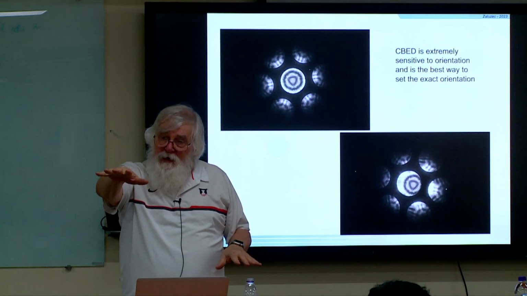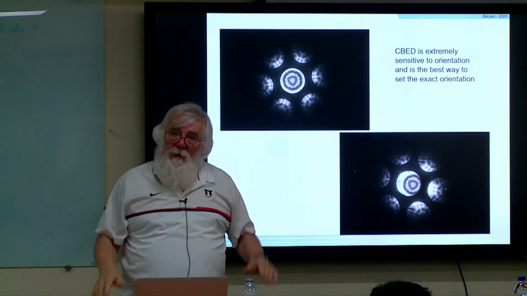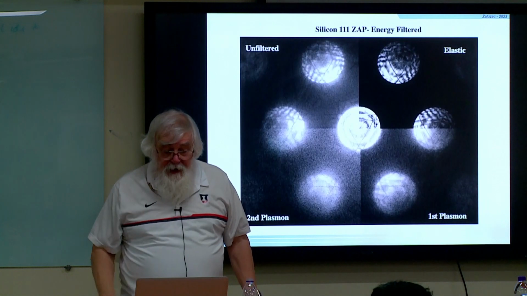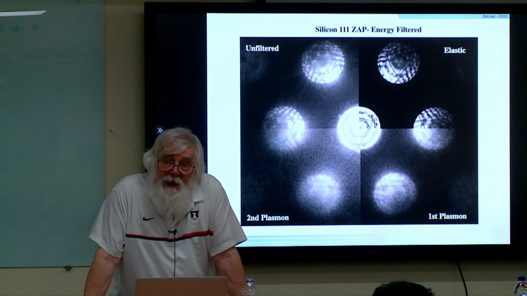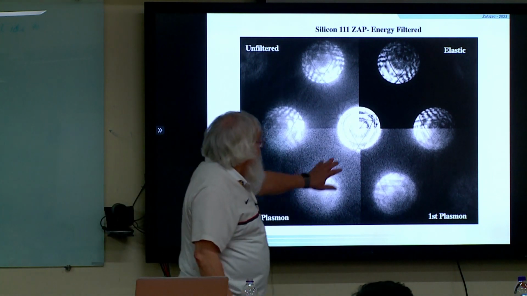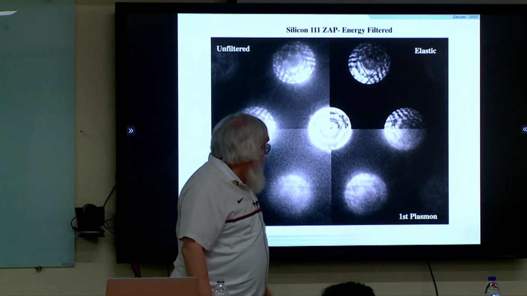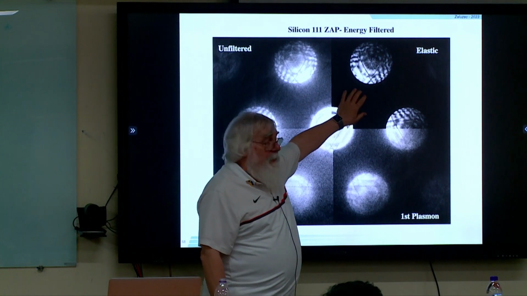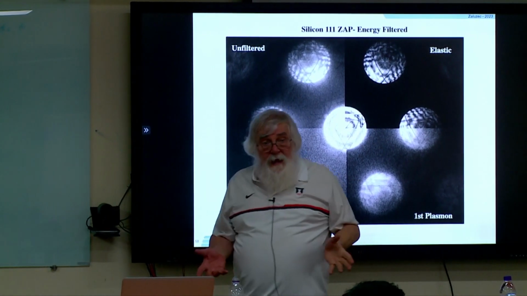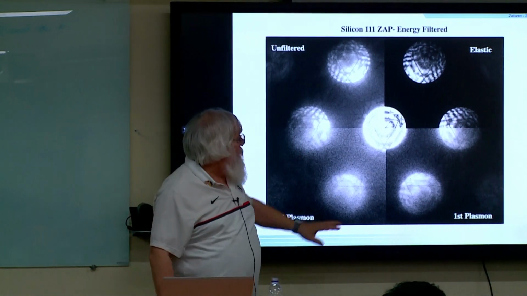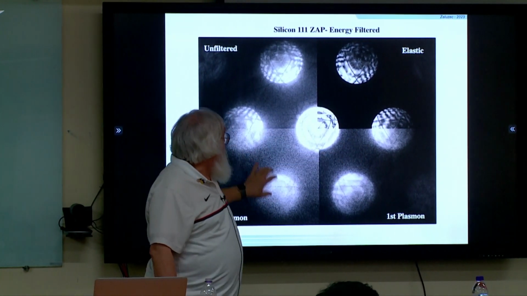Kikuchi lines, remember those? They're inelastic scattering, sitting in here. Now, if I have something called an energy filter, I can remove the inelastic scattering and look at the pure elastic scattering. You can see we get rid of all the diffuse background here. That again gives us more information about the solid. There's information here and also valuable information here.